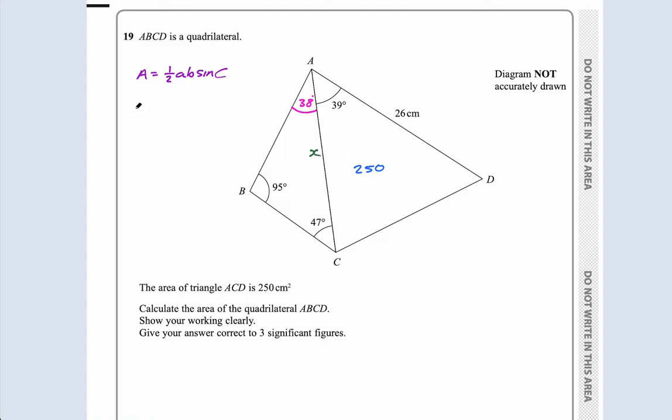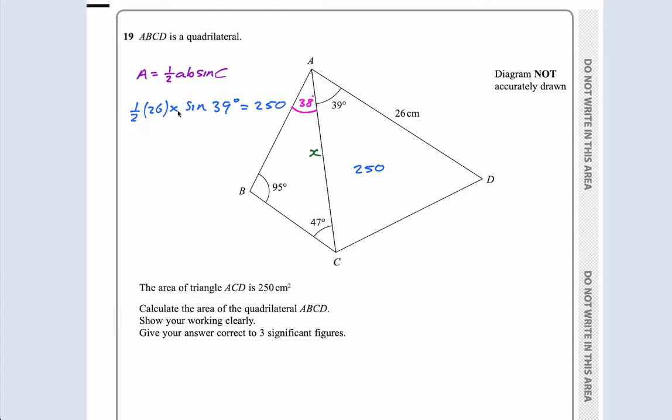I can say a half times 26, this times this, times sine of 39 equals 250. That comes from my formula, a half ab sine C equals area. And then I can solve for x here.